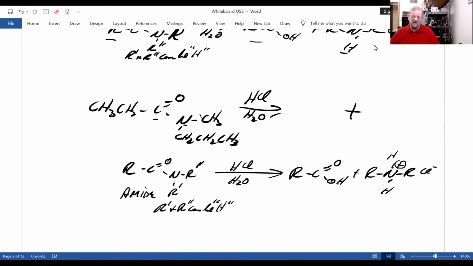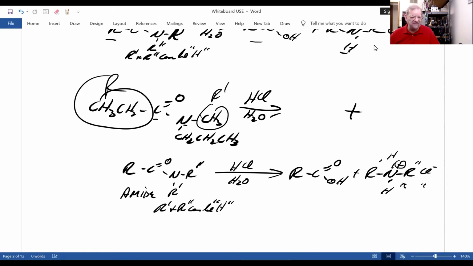And as I mentioned earlier, if you don't want to show charges here, you don't have to. So what are our two carbons? What's R prime? It doesn't matter. I call this R prime and this R double prime, or reverse, it doesn't matter. So what's my carboxylic acid?